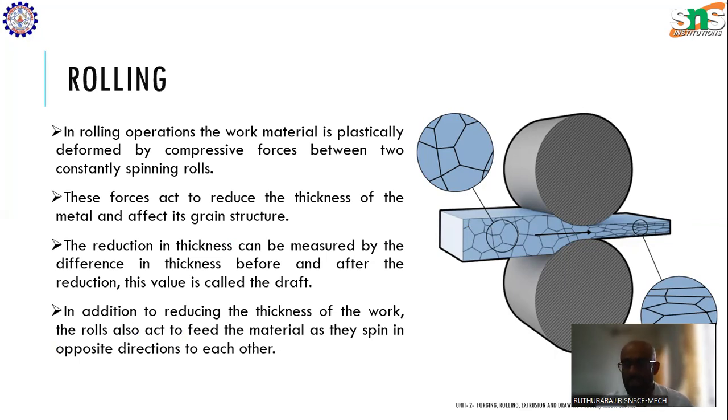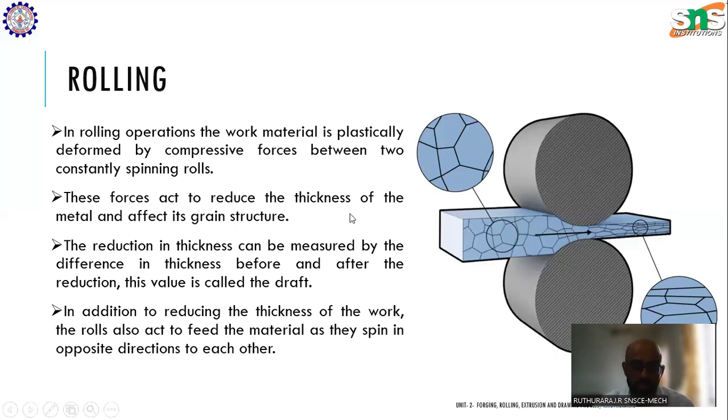High carbon steel and alloys of titanium are predominantly used in the manufacturing of these rollers. Rolling operation involves plastic deformation. Any metal forming process involves plastic deformation, where the material deforms in such a way that it cannot return to its original shape.